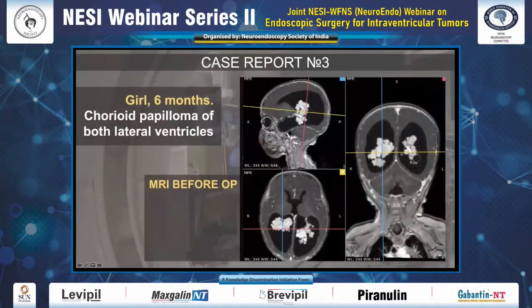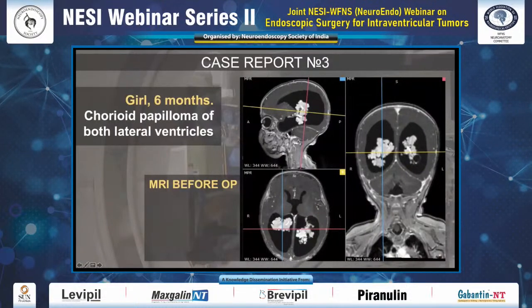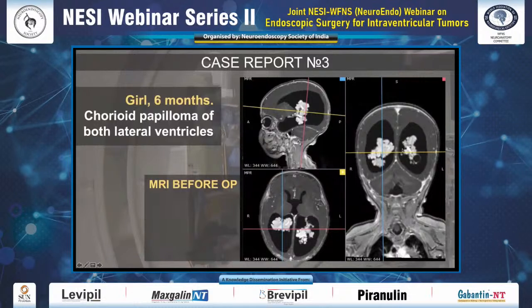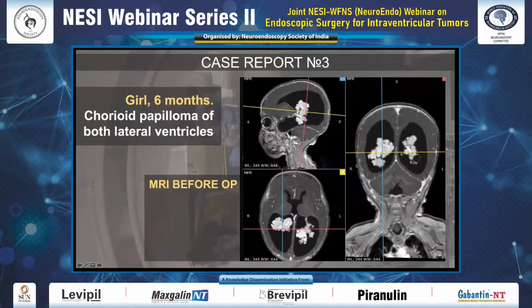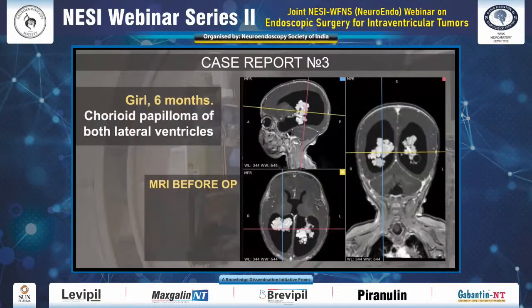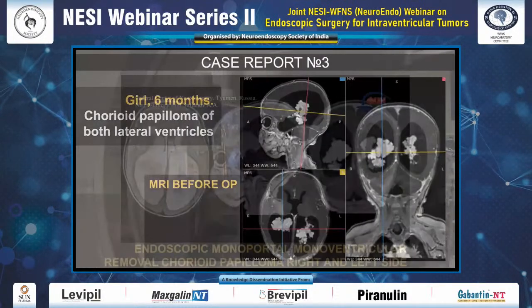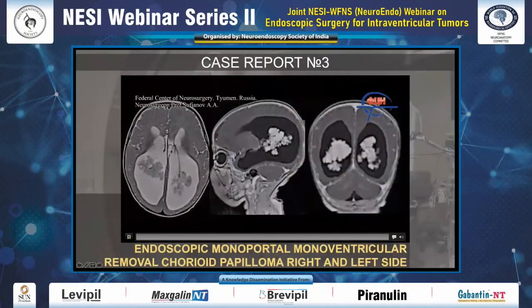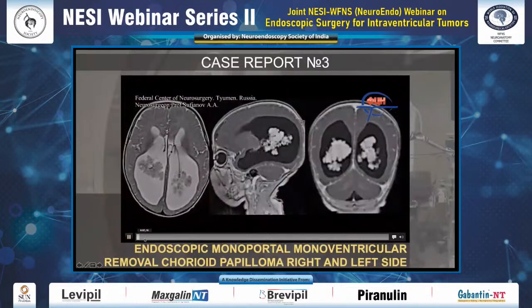Another case, no limit. Now no limit. You see a lot of tumors inside of both hemispheres, inside both ventricles. Very giant, very big, with a lot of vessel supply. Very risky. But also I decided to operate endoscopically.